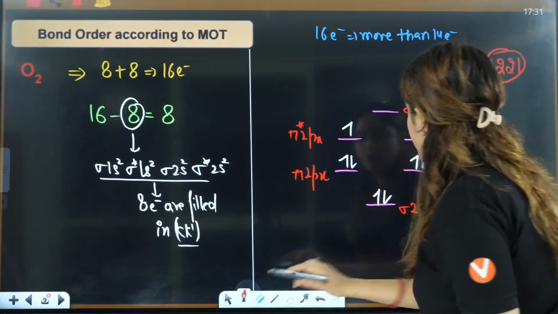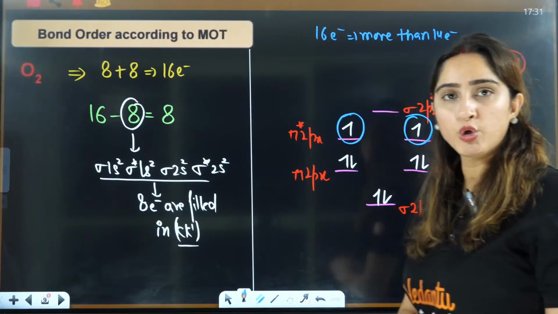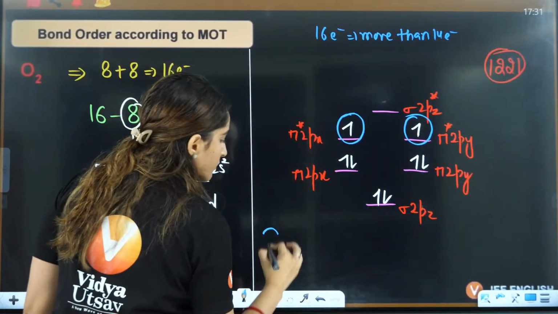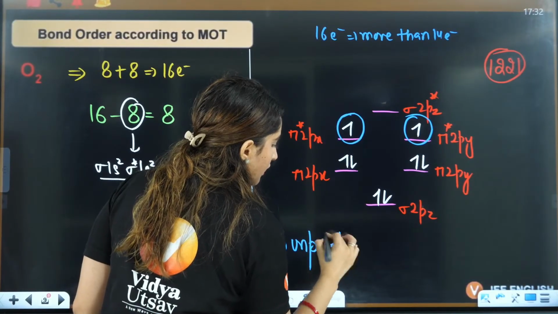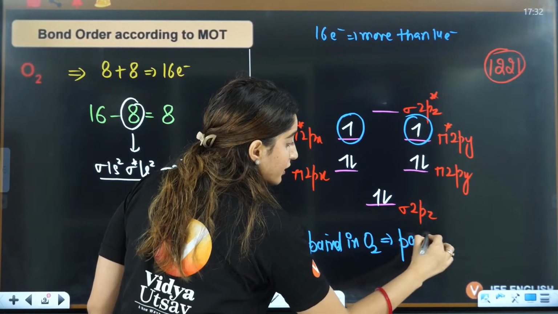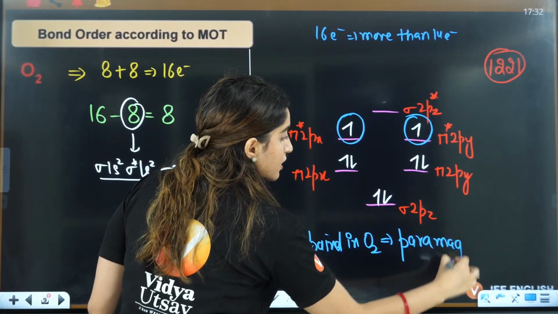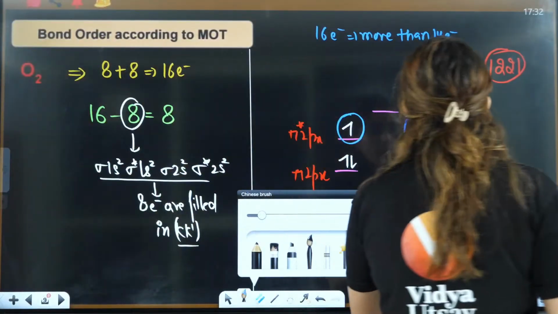So can you see there are 2 unpaired electrons in O2, that's why it's paramagnetic, right? You know what the next thing is here? Because there are 2 unpaired electrons, so it is paramagnetic.